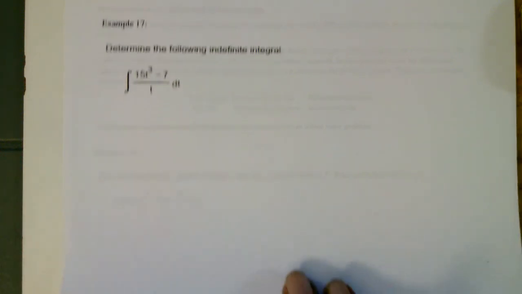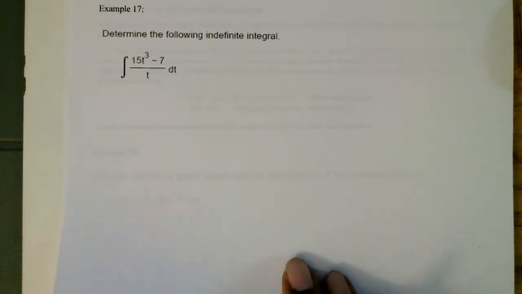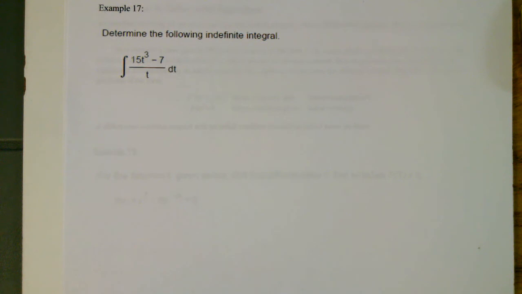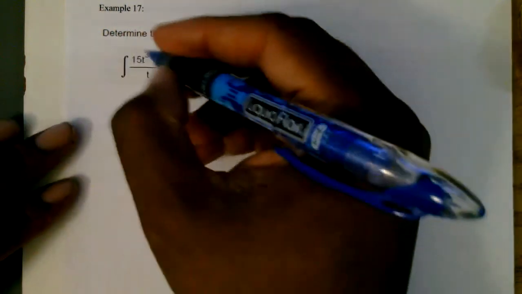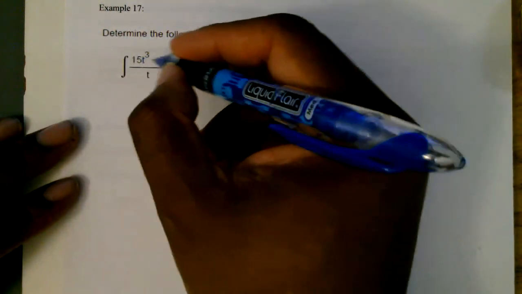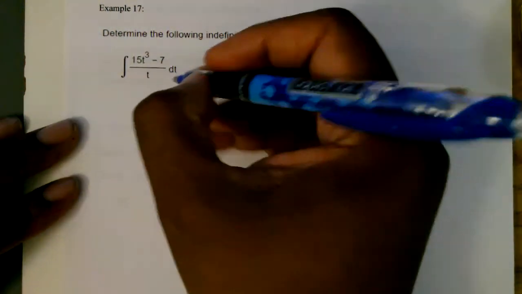And example 17, here we're going to determine the following indefinite integral. Let's say we got the integral of 15 t cubed minus 7 divided by t dt. Well, just like I did in that last example, I'm just going to break this apart, take each term, divide them by t.